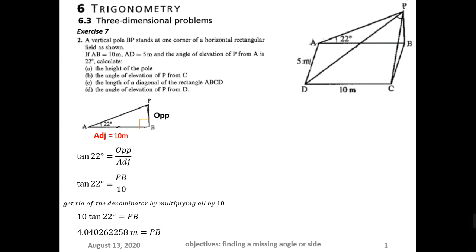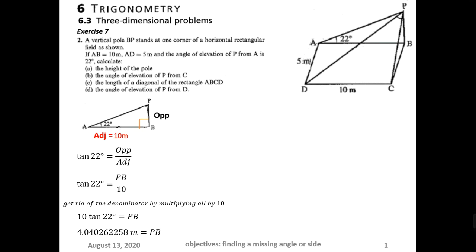4.04 meters. Let's go to the second part of the question, the angle of elevation of P from C. Like I said, always draw a little sketch of the triangle that you're going to work on.